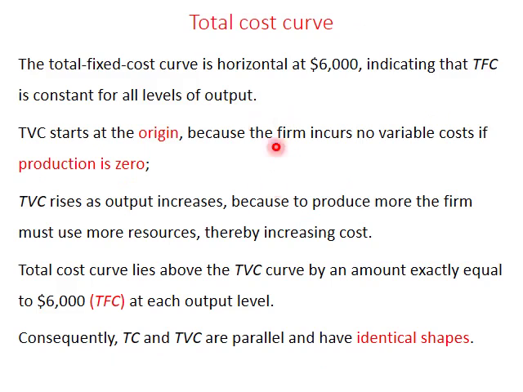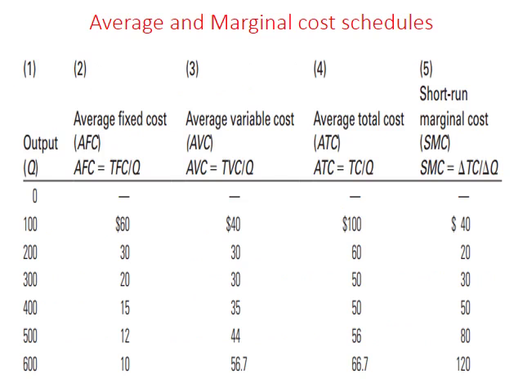This is all about what we have discussed in the previous slide. This table shows how to calculate the average and the marginal costs. If the quantity of the output is given, and if the average fixed cost is given, for example here, the total fixed cost is 6,000 because total fixed cost equals average fixed cost times quantity.